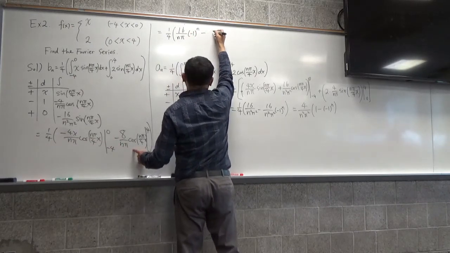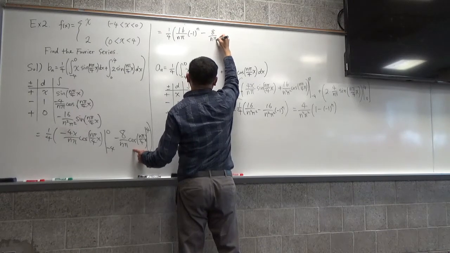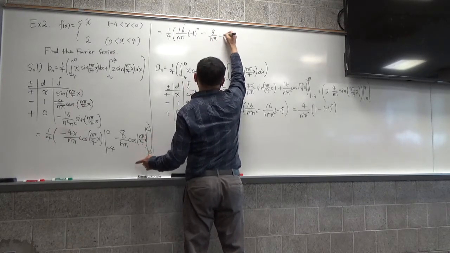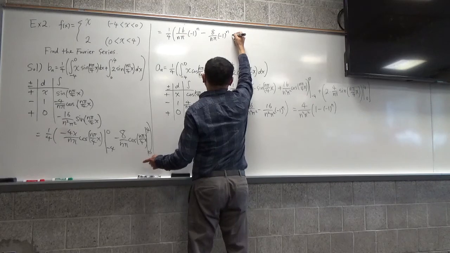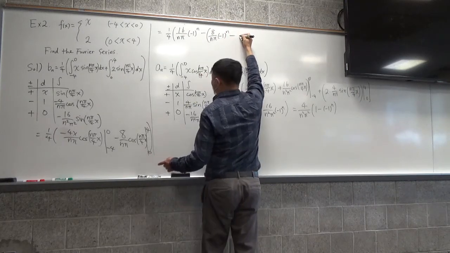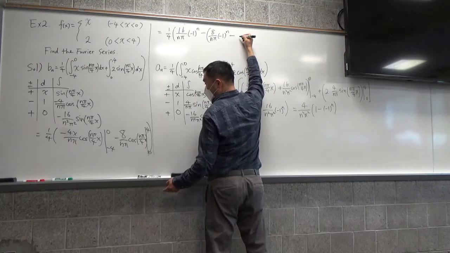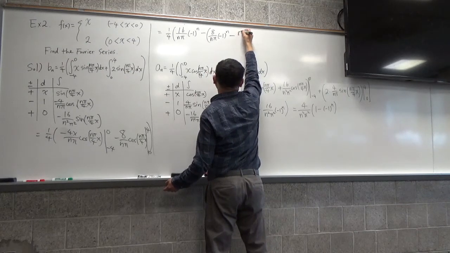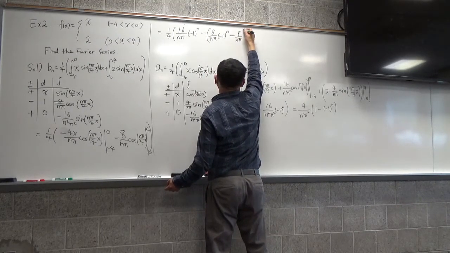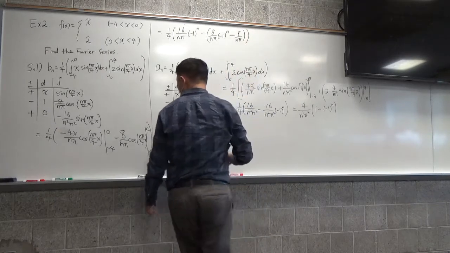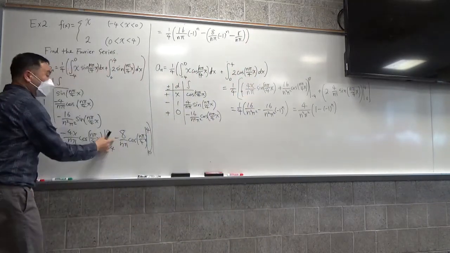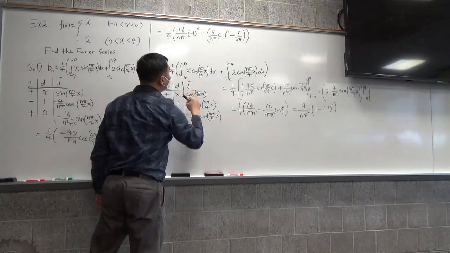Minus 8 over n pi, and then when you plug in 4, you get negative 1 to the nth power. Minus, when you plug in 0, cosine 0 is 1, so it's minus 8 over n pi. And this minus here is this minus.